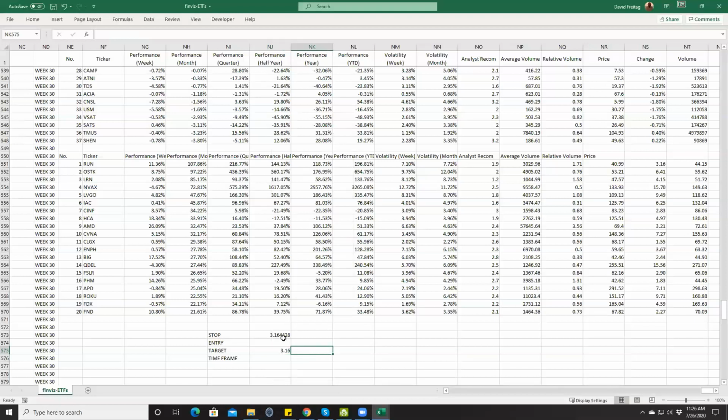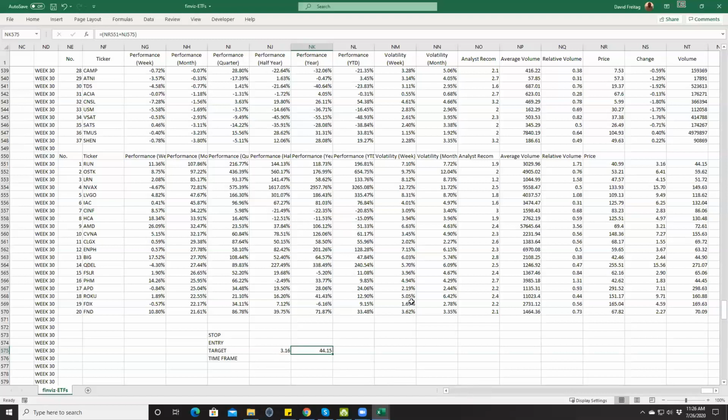Okay, so I'm expecting a $3.16 move. So that's my target. And I'm going to add in one more formula here. I'm going to say equals the closing price on Friday plus the expected move of $3.16. So my target is $44.